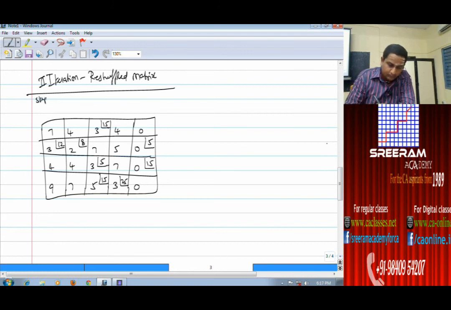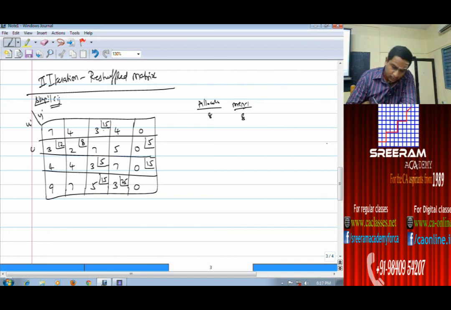Step 1, Cij. Before that, allocation: 1, 2, 3, 4, 5, 6, 7, 8. m plus n minus 1 is also 8. So no problem. Ui, Vj, second row.